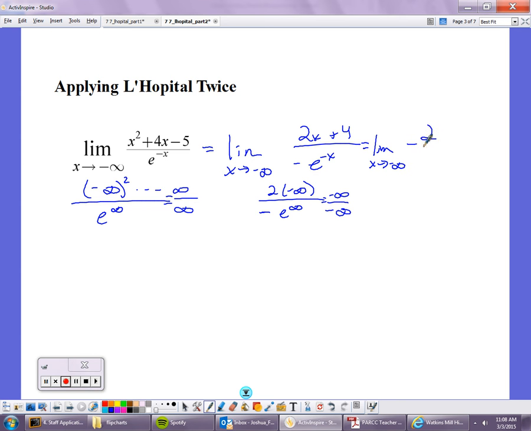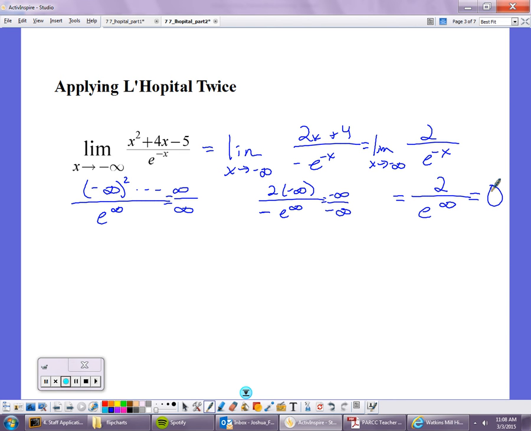So I get 2, the derivative of 2x plus 4 is 2. The derivative of negative e to the negative x is just e to the negative x again. Okay, now I can try some direct substitution. So this is going to give me 2 over e to the infinity, and that's just 2 over infinity, or 0.